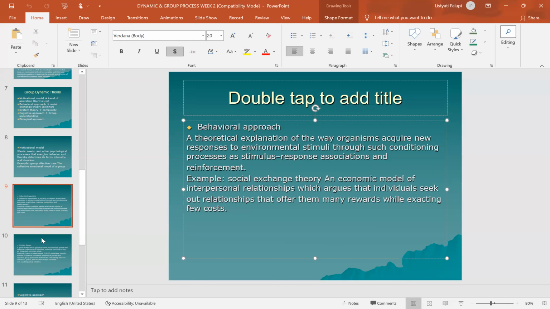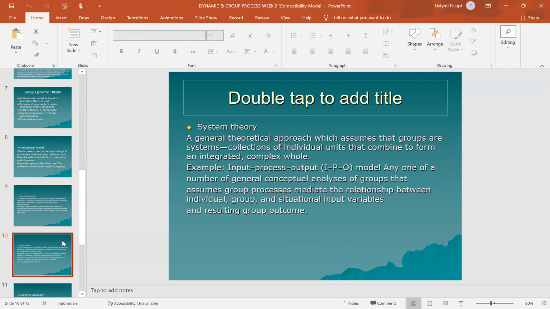Okay, moving to the next perspective, systems theory. Systems theory is a general theoretical approach which assumes that a group is a system. A system is a collection of individual units that combine to form an integrated complex whole.